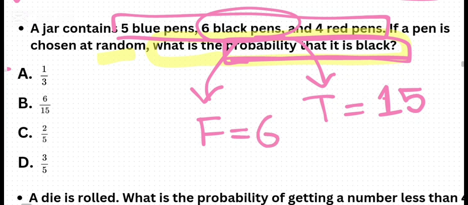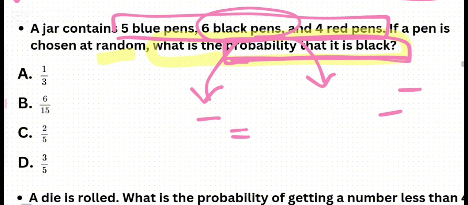If you put the formula, let me erase this. It takes so much space.